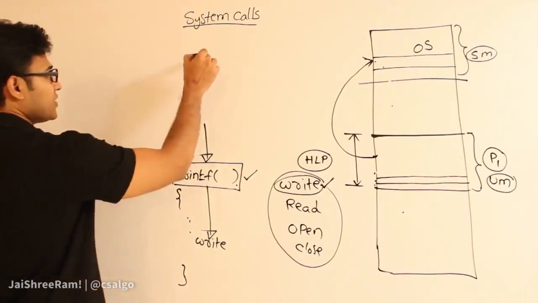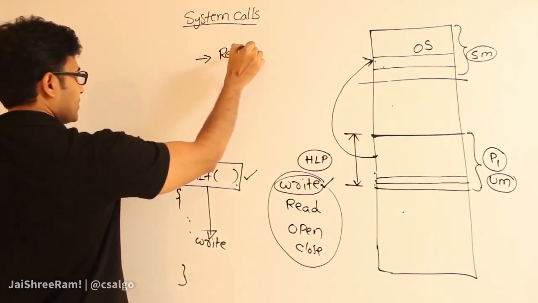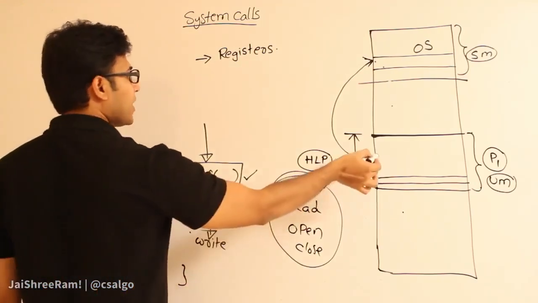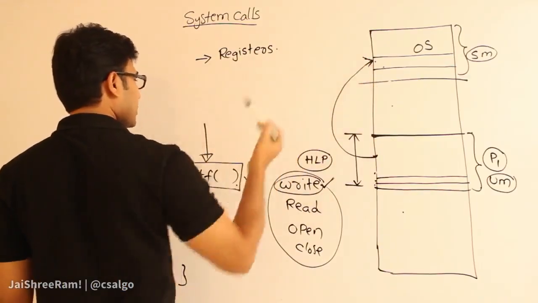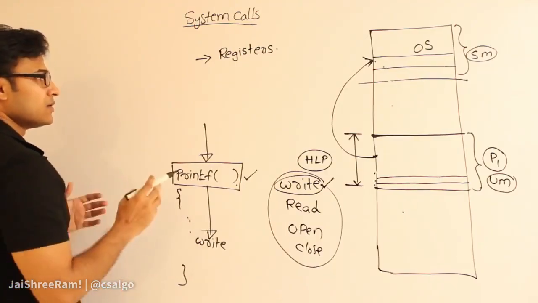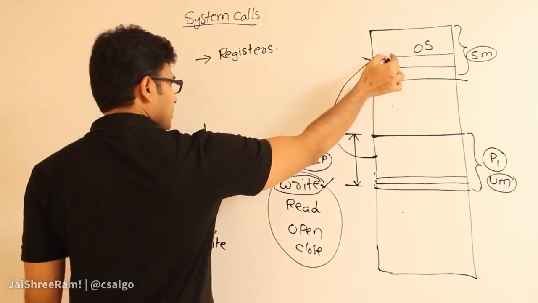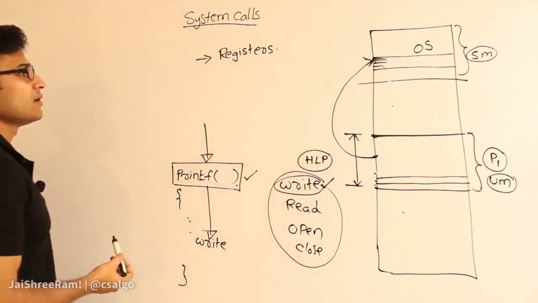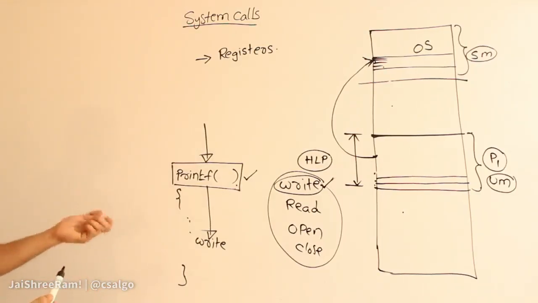So one way of passing the parameters is by using registers, which means this method says that whatever parameters you want to pass from the user program to the program present in the operating system, you place them all in registers, so that when this particular instruction gets executed and starts execution from here, it will automatically fetch the parameters being passed from the registers.